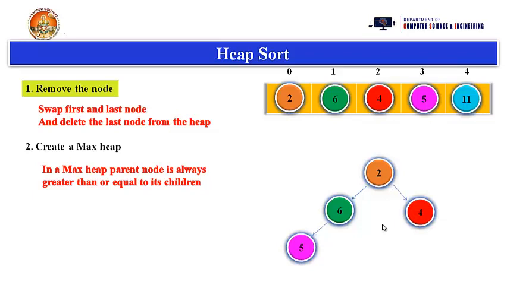That means we can take that element and place it in the last position, then we can get the array in sorted order. So that's why we are taking the root element and the last leaf element. We need to swap those two elements, place that root node in the last position and delete the element from the tree. So that is the logic here.